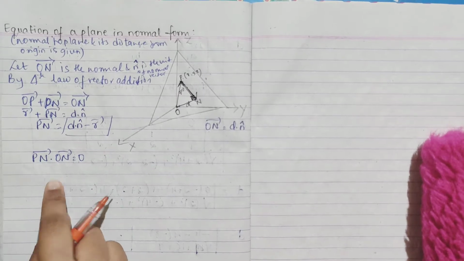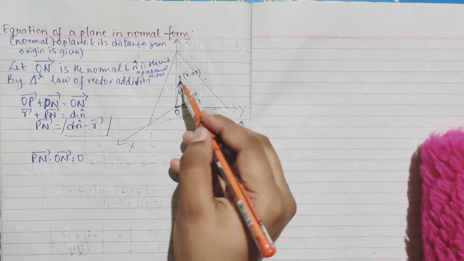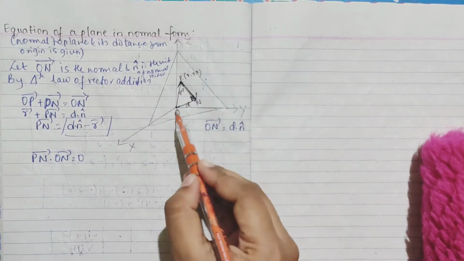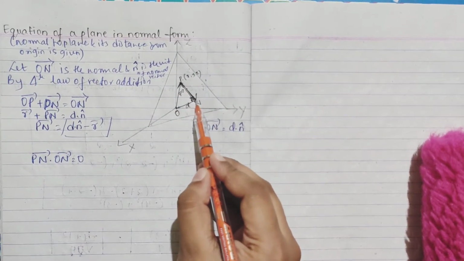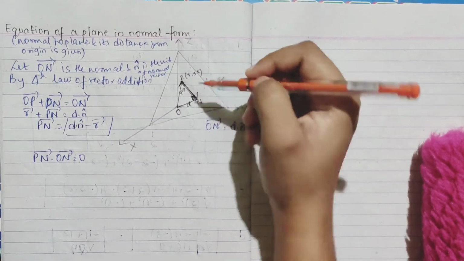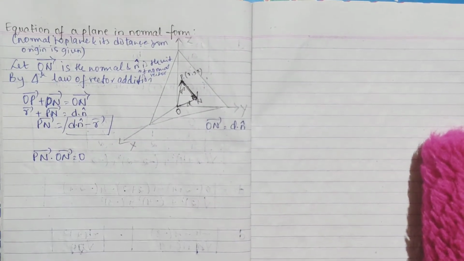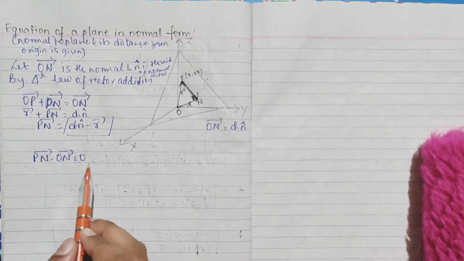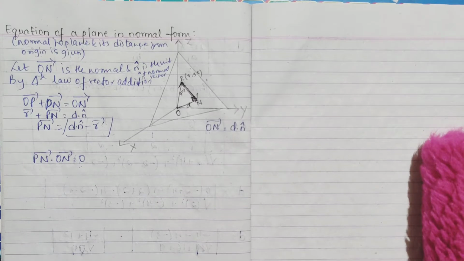Why have I written this? You have your OP vector, and PN vector is along the plane, and ON is perpendicular to this line. For any perpendicular, the dot product is 0, right? With that point we are writing this.